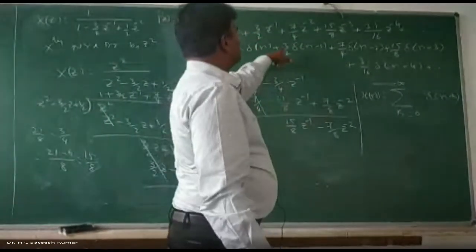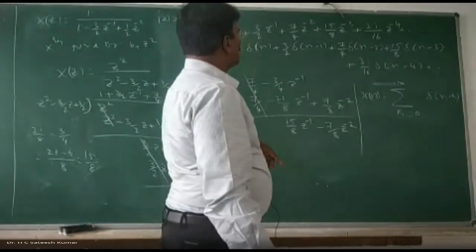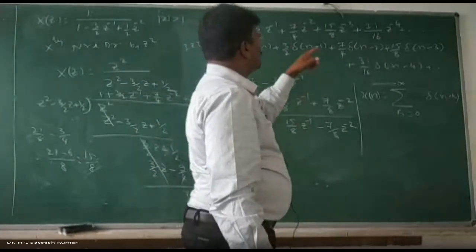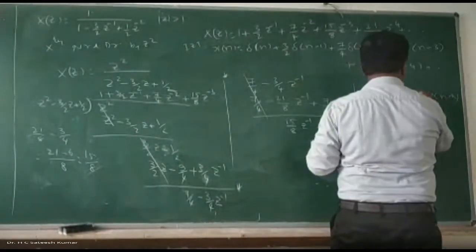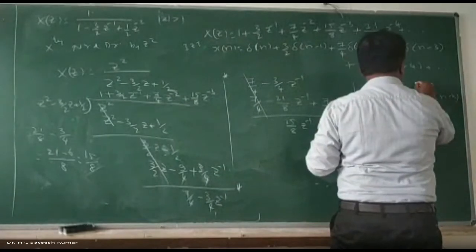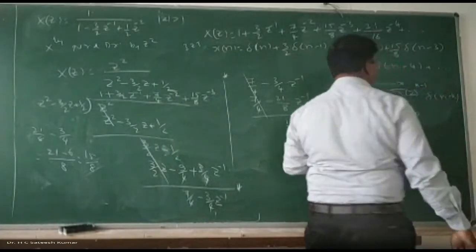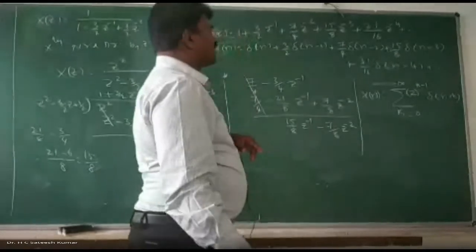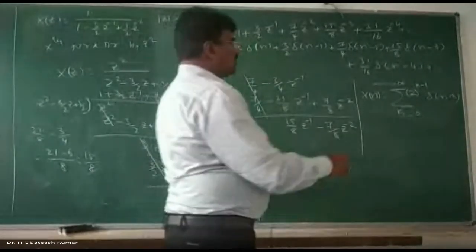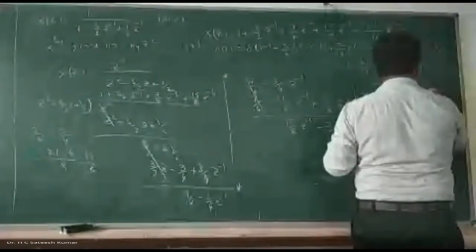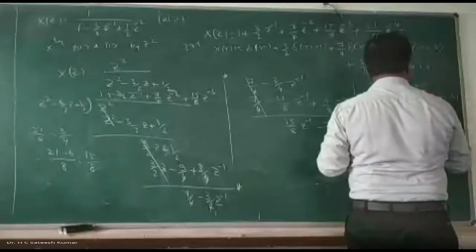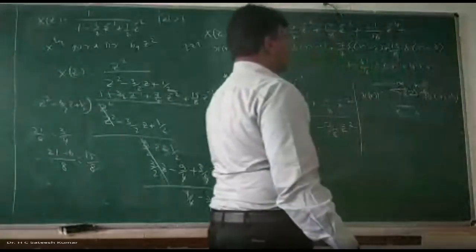Okay, right. This is nothing but what? 2 square minus 1, 2 cube minus 1. That is 2 to the power of k minus 1. Check it out. We cannot directly write k minus 1. 2 to the power of k minus 1 here. Okay. K is equal to 0.